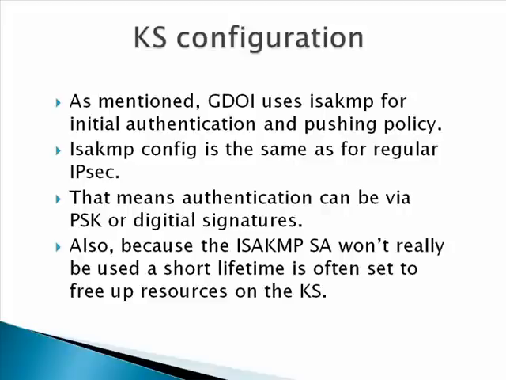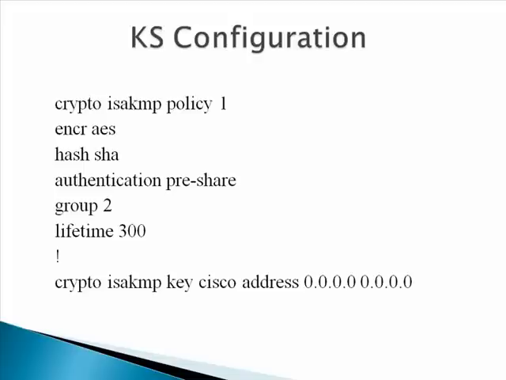Okay, so the ISAKMP SA isn't really being used other than initial registration for the group members. So it's a general best practice to set a really short lifetime for your ISAKMP SA. Especially if you have hundreds of group members registering to this key server, it's just going to free up resources on the router. So here's an example.